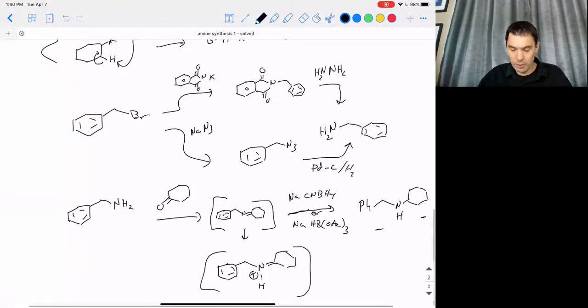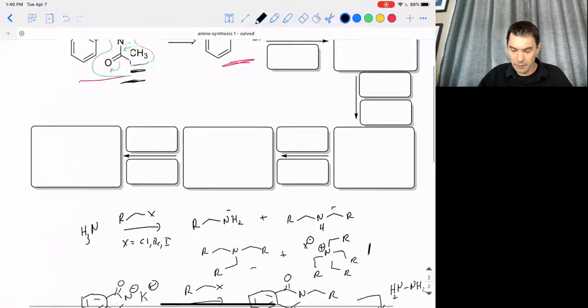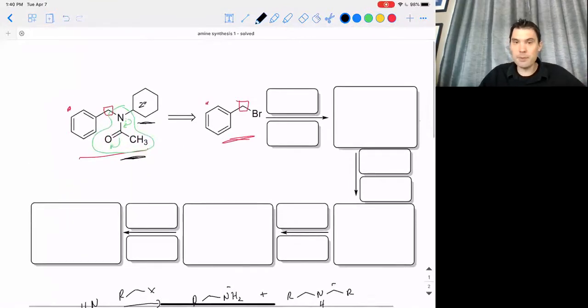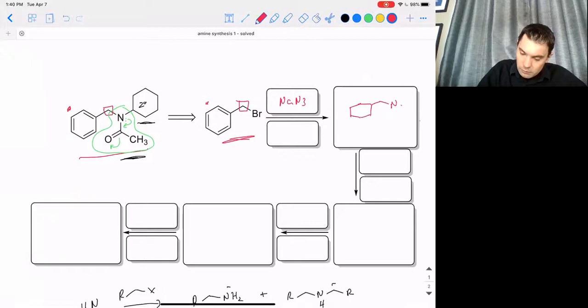Let's go ahead and put all these things that we've talked about back into the blank. Since my lab happens to use azides, I'm going to use sodium azide here. I'm going to use palladium on carbon with H2 gas.